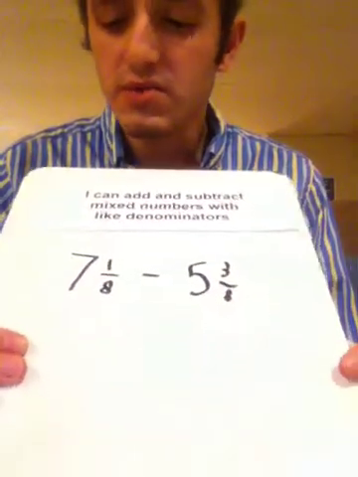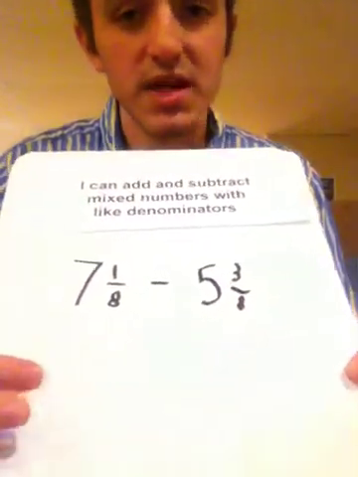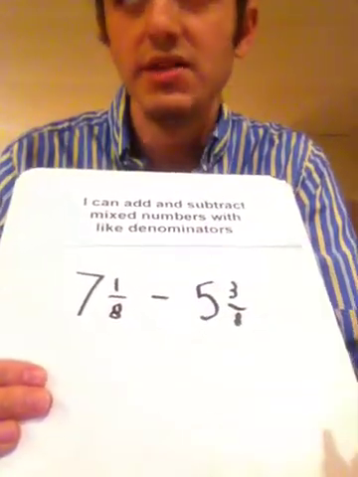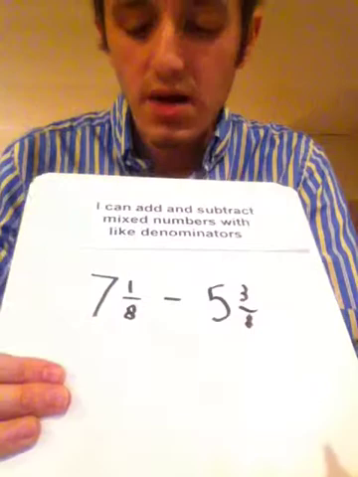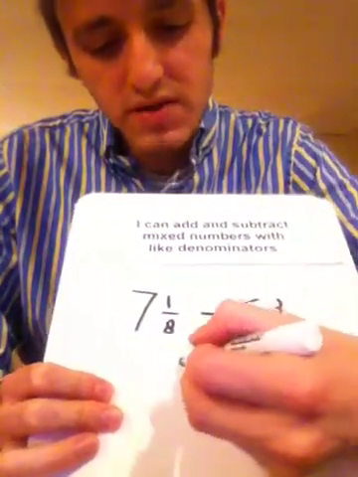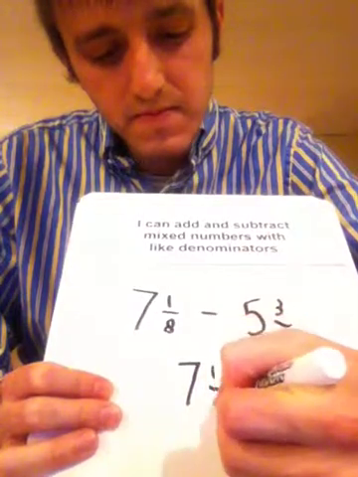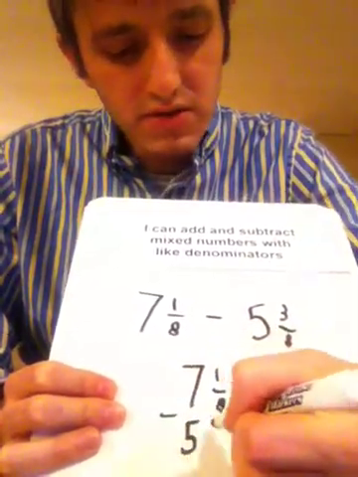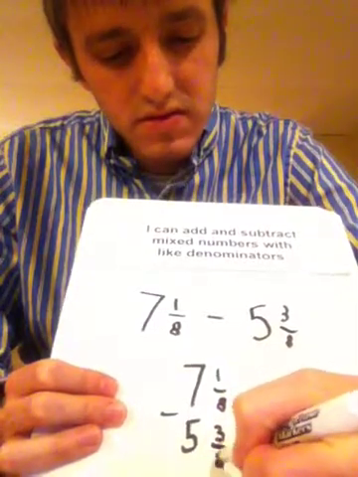Now, can we subtract these like they are? Yes, we can, because their denominators are both 8. So we can definitely just go ahead and subtract these right now without finding the least common denominator. So what we want to do is put our larger number on top, which is 7 1/8, and our smaller number on the bottom, which is 5 3/8.